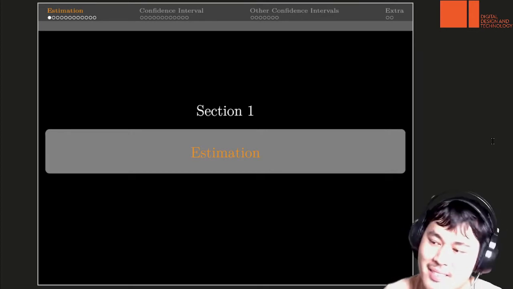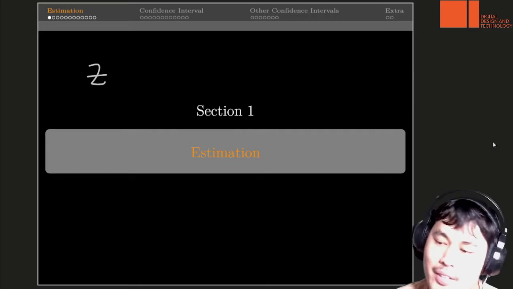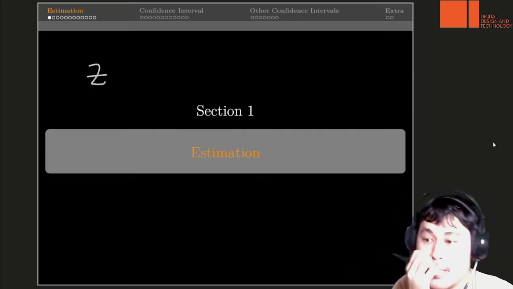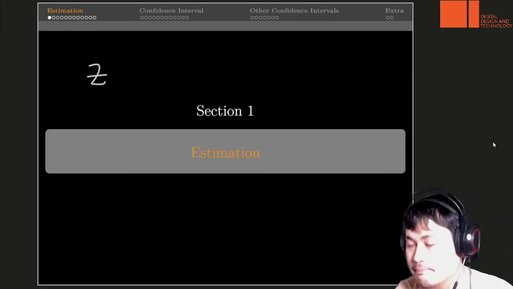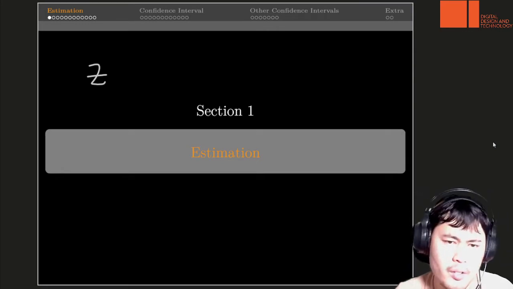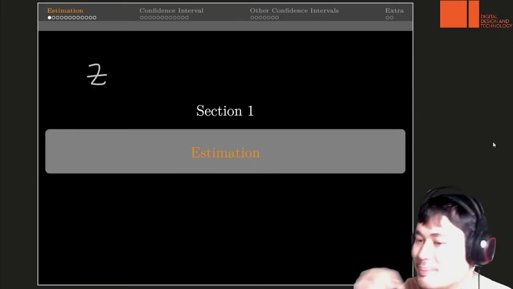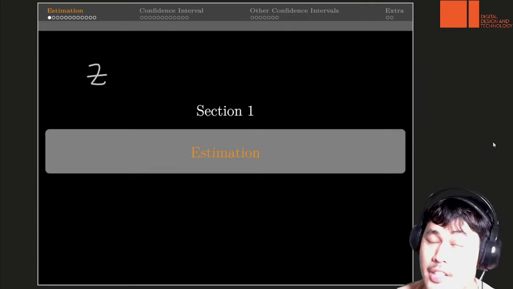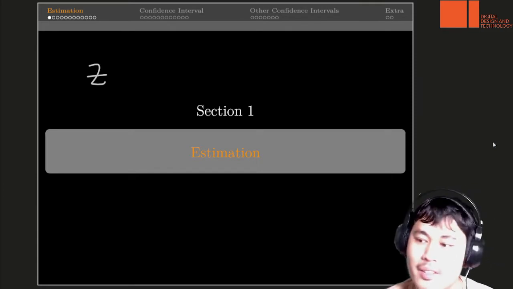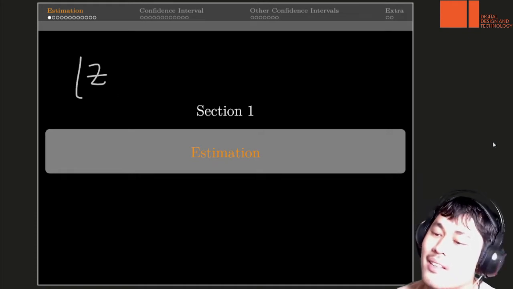What is estimation? Of course we have a random variable, some number that we pick among a group or a population. And we don't know that value, we have no idea about it, because it's random. Like if I ask you to ask a person on the street how old they are, there's no way you can tell exactly.